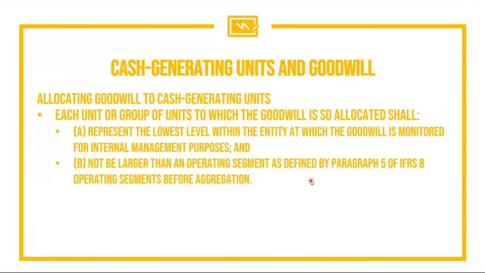And then after that, we allocate that on a systematic basis, generally based on the values of the CGU. So pro rata based on the value of the CGUs, excluding the goodwill, of course. Then from there, we can now get the value of the CGU together with the allocated goodwill.